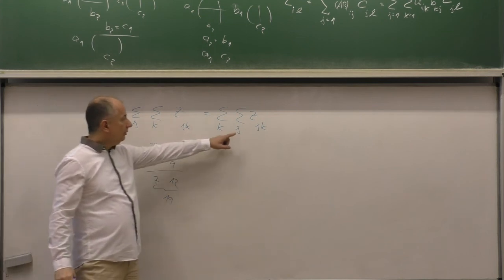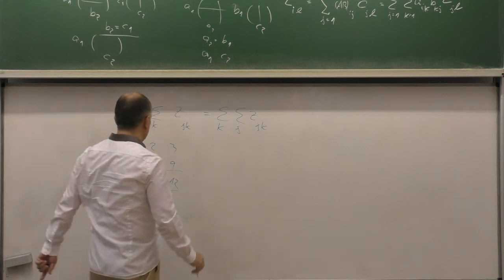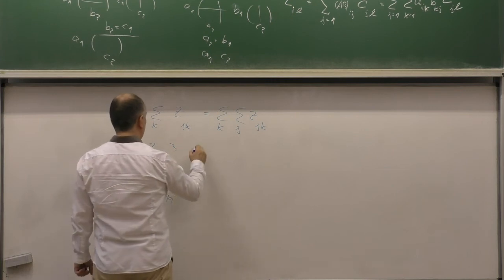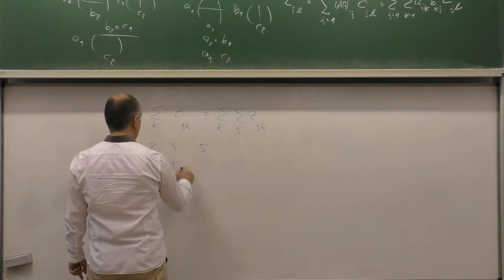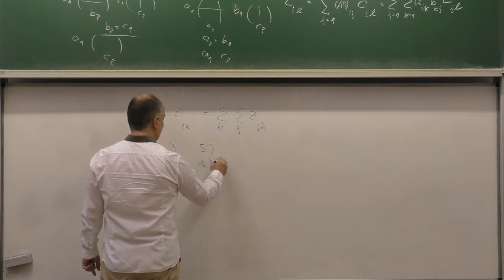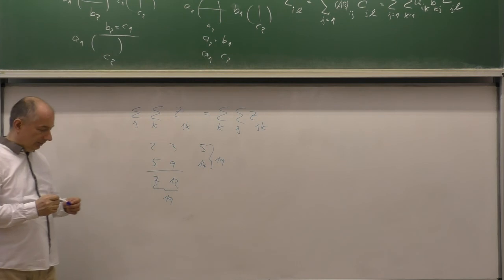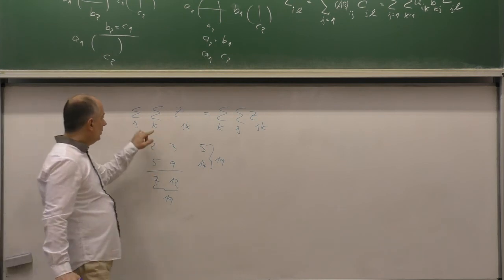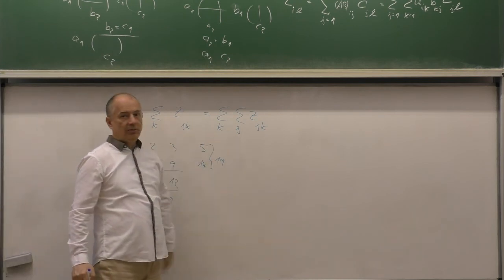But if you first sum over rows, then you get 2 plus 3 is 5, 5 plus 9 is 14, and this makes the same total, 19. So we can swap the order of summation.